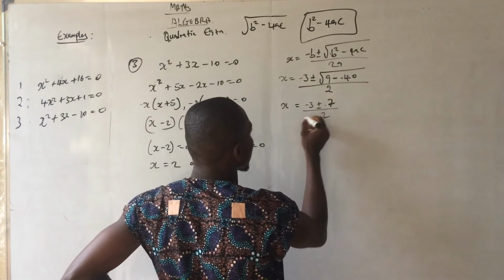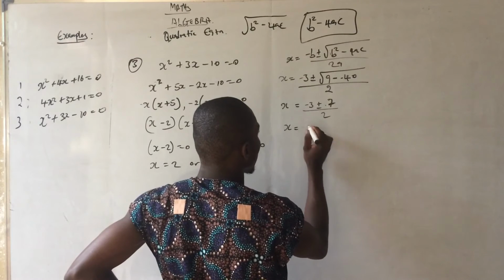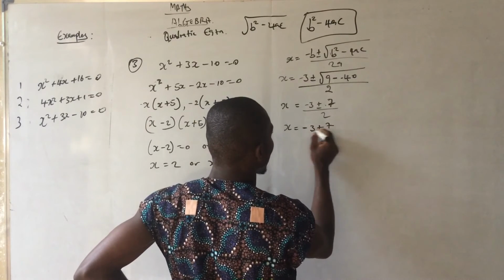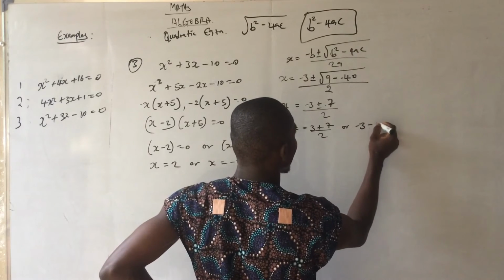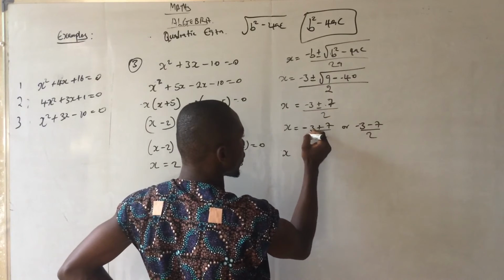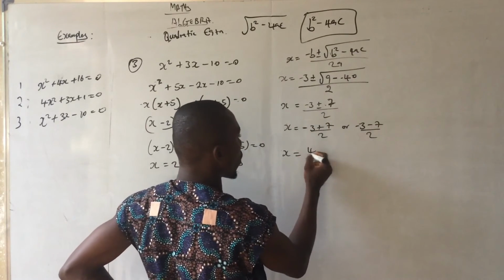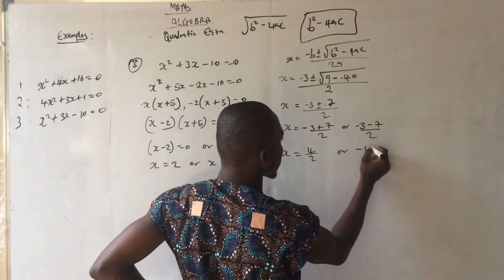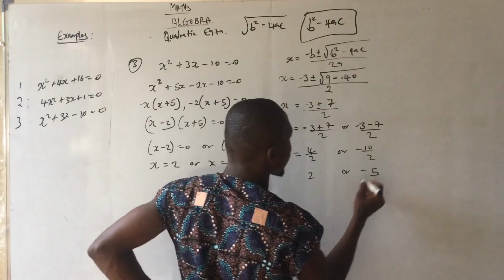So now x is equal to minus 3 plus 7 over 2, or minus 3 minus 7 all over 2. So it means 4 over 2 or minus 10 over 2. So now this is going to be 2 or negative 5.